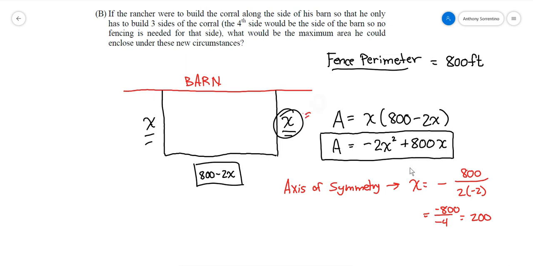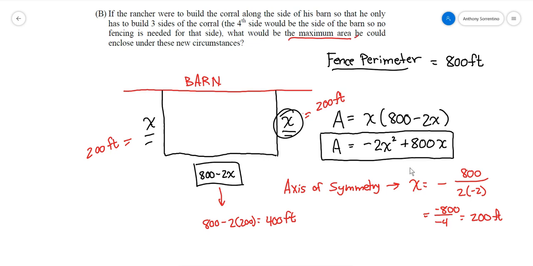So this is going to be 200 feet, and this is going to be 200 feet. This side here, 800 minus 2 times 200 is going to be 400 feet. So I have the information I need now, because right now I'm just looking for what would the maximum area be to enclose this.